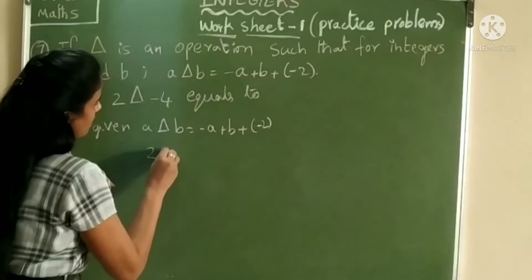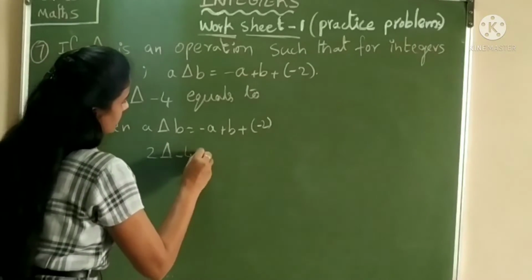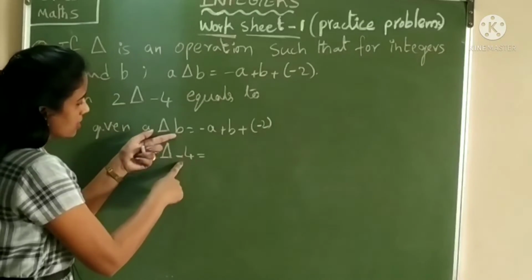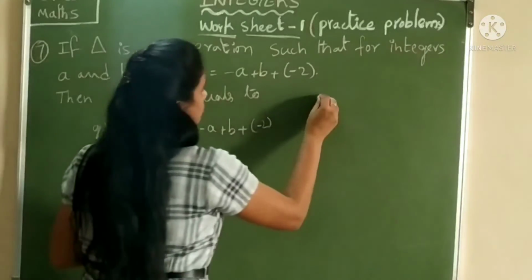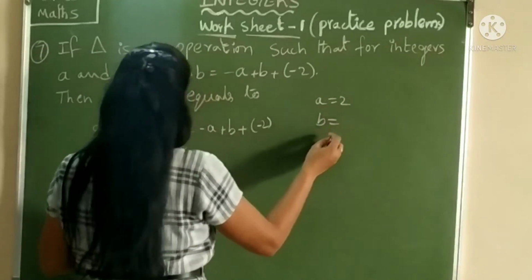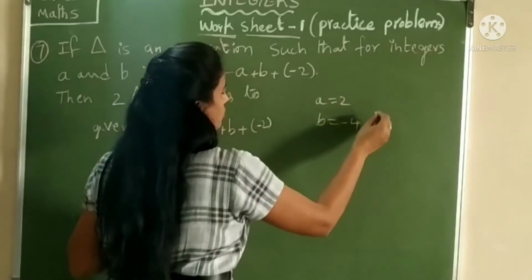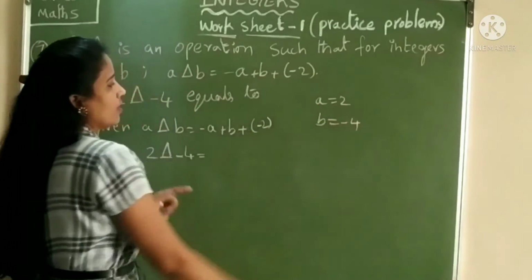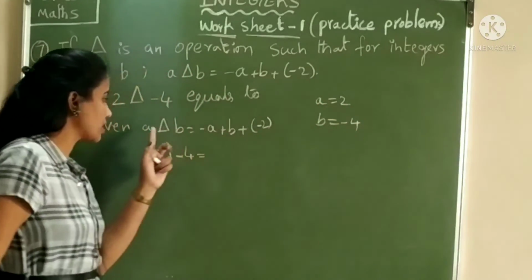In a place there is 2, in b place there is minus 4. So a is equal to 2, b is equal to minus 4, according to the given equation.